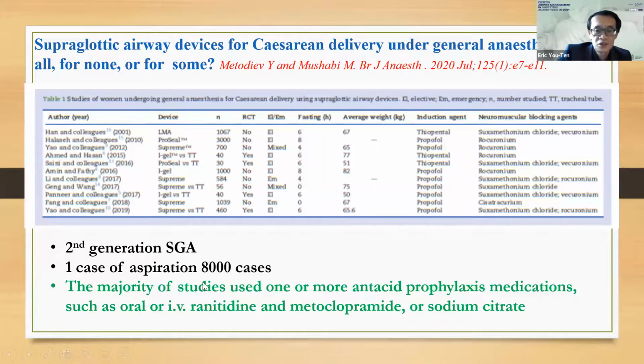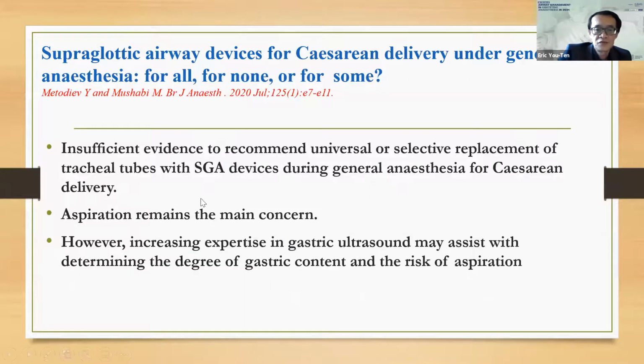Most of the studies have used at least one or more antacids, including ranitidine, metoclopramide, and sodium citrate. So there's insufficient evidence to support its use as a first device under general anesthesia, because aspiration remains a concern. However, with increasing use of ultrasound, if you gain expertise in gastric ultrasound, that could also mitigate some of the risks because you can determine the degree of gastric content.